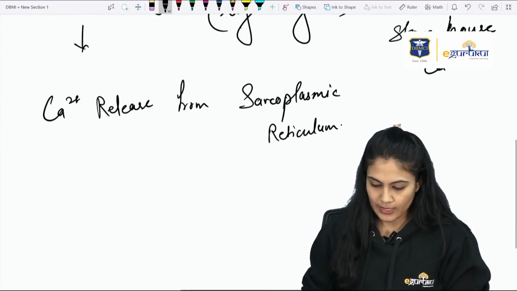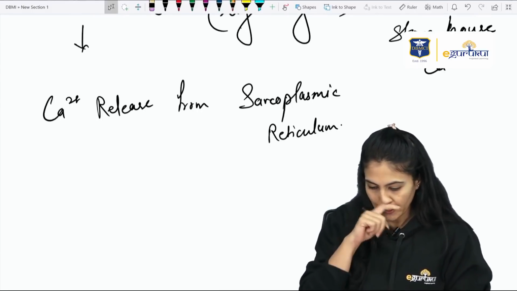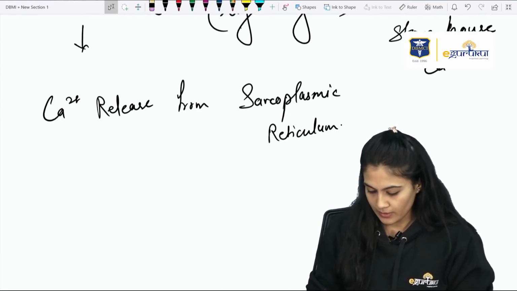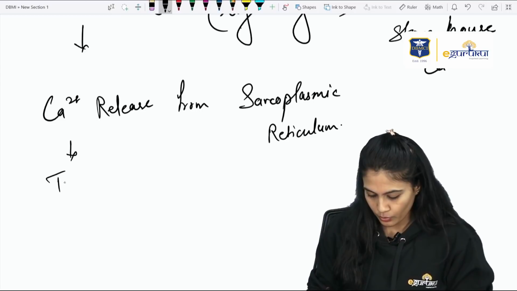And once it is released, what is going to happen? Yes, obviously this calcium will go and bind to troponin.